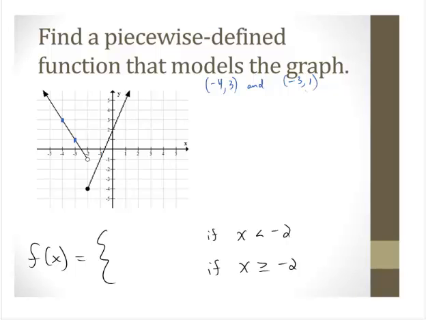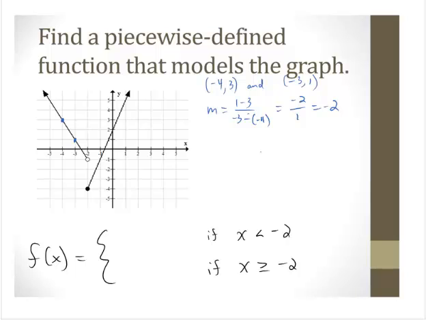Hey, we can find the slope, right? m equals 1 minus 3 over -3 minus -4, sorry about that. So that would be -2 over 1, which is -2.